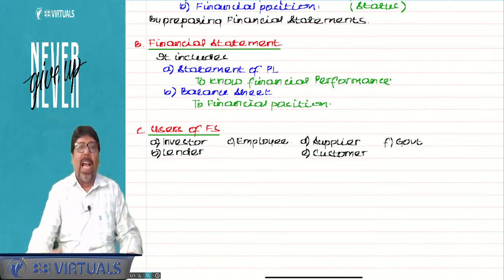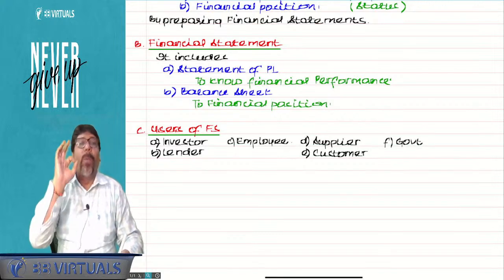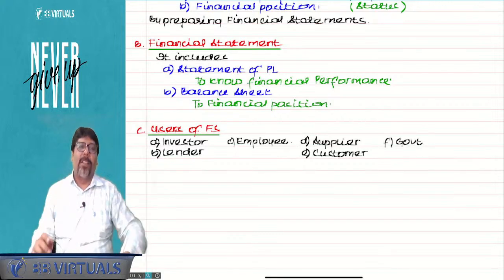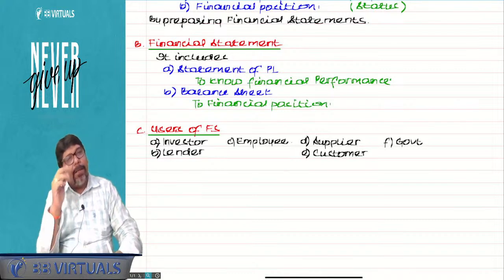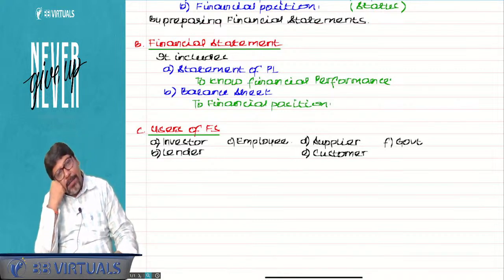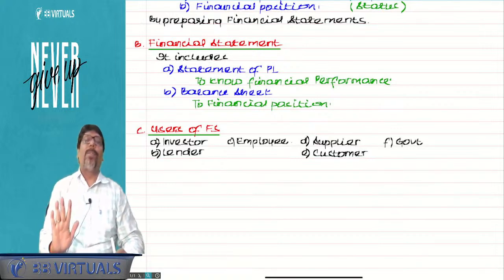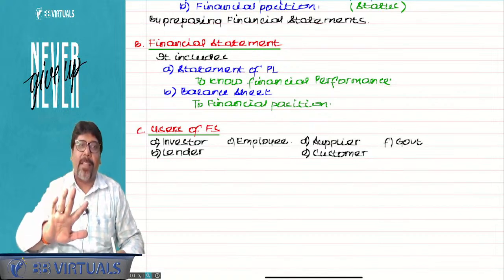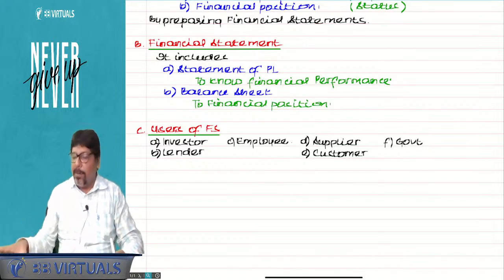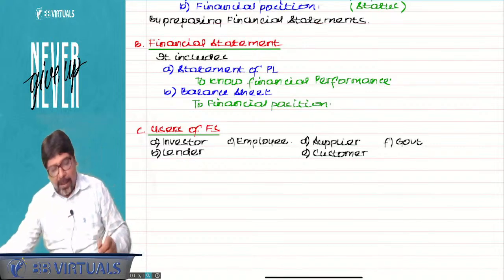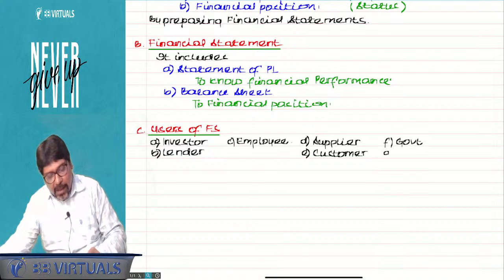What does government have to do with the financial statement? They look at the financial statement and keep on staring. Beautiful financial statements. Cute. No, no, government is supposed to look at the financial statement, find out the financial performance, and don't you think government is supposed to charge tax on that? Yes or no? Yes, sir.